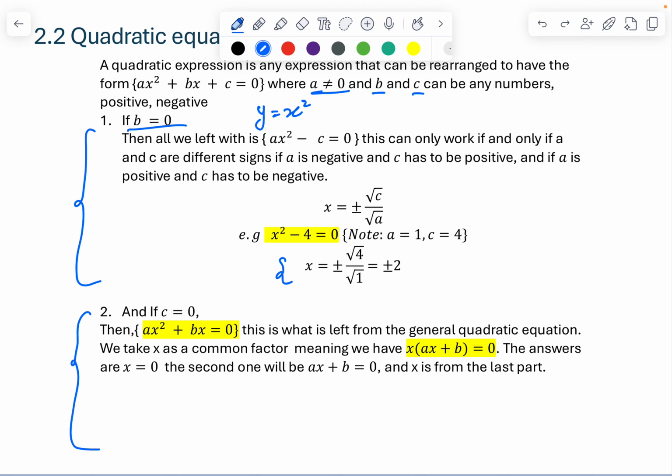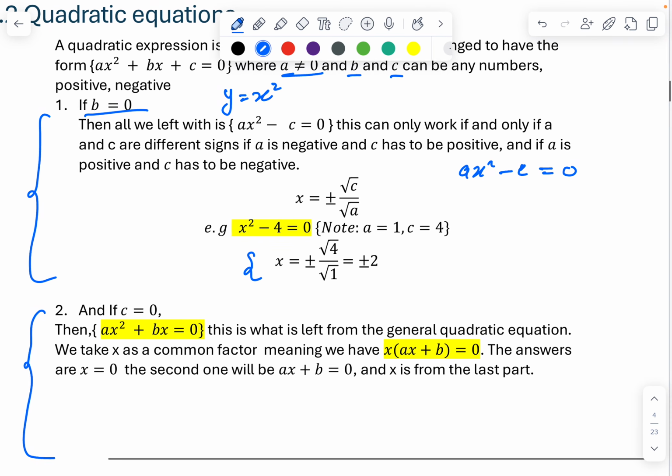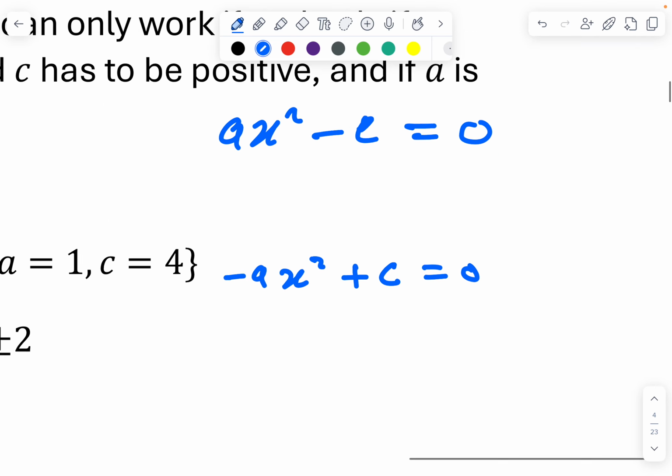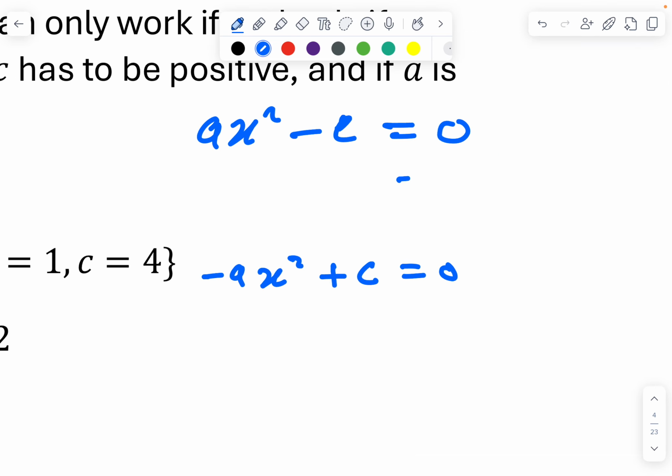If we have ax^2 - c equals 0, this only works if c and a have opposite signs. In other words, negative ax^2 plus c equals 0 can also work. Why? Because x^2 equals plus c divided by a, and we take the square root.